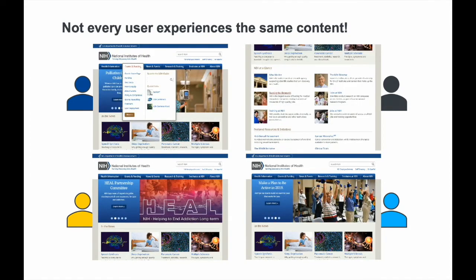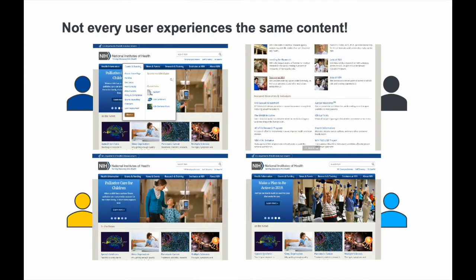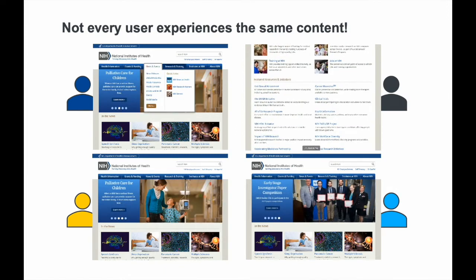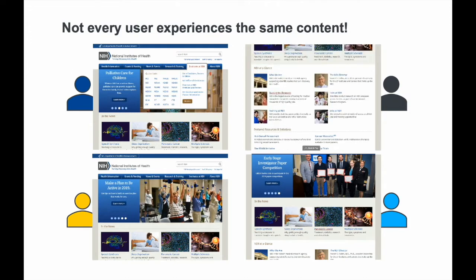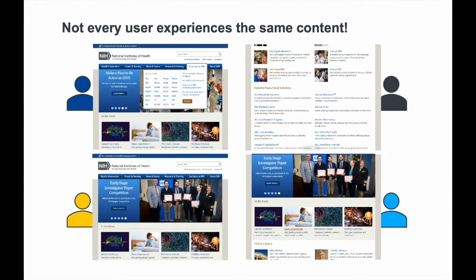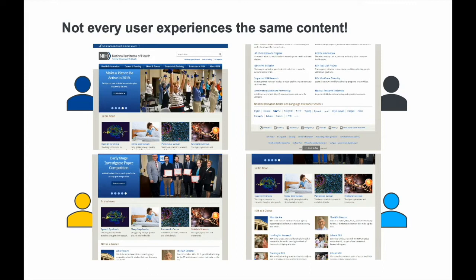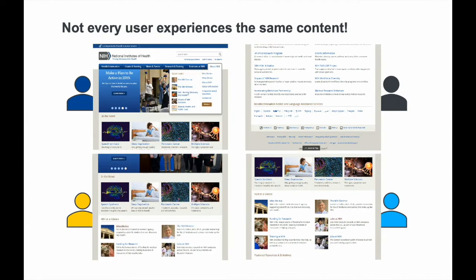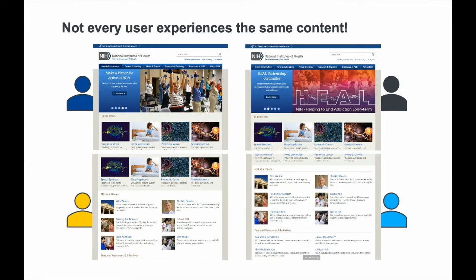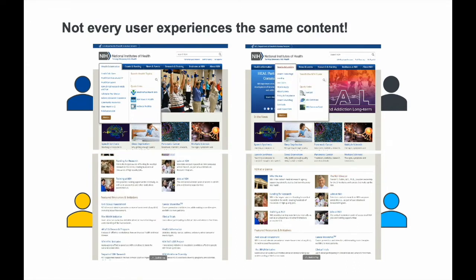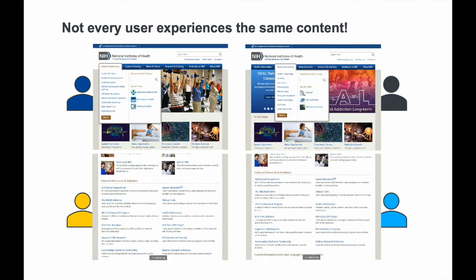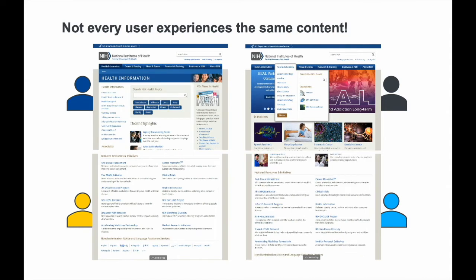So the question then is, how can we understand whether these users have a good experience with the user interface? How can we notice whether something that we want to promote is actually successful, and if it's successful or not, for what reason?